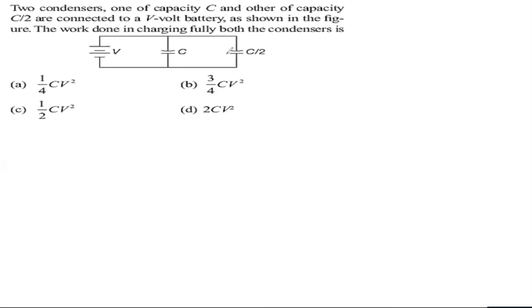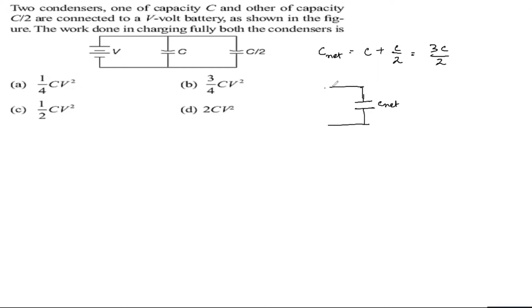Since they are connected in parallel, we are going to find our C net. Since they are in parallel, it will be nothing but C plus C by 2. So this is nothing but 3C by 2. This is the equivalent capacitance of this connection. So let's say that you are having an equivalent capacitor.